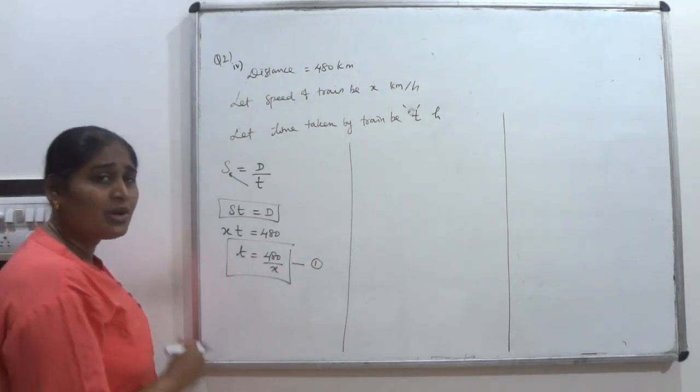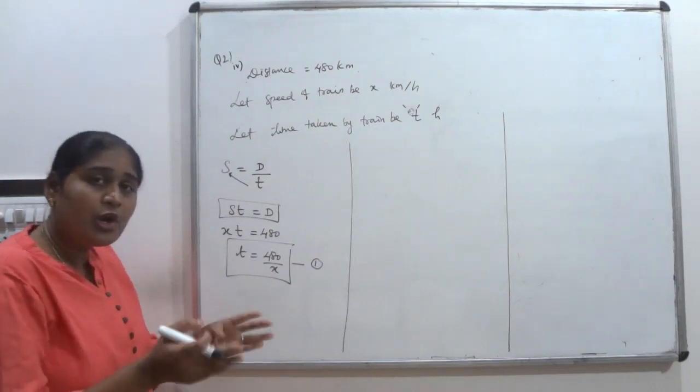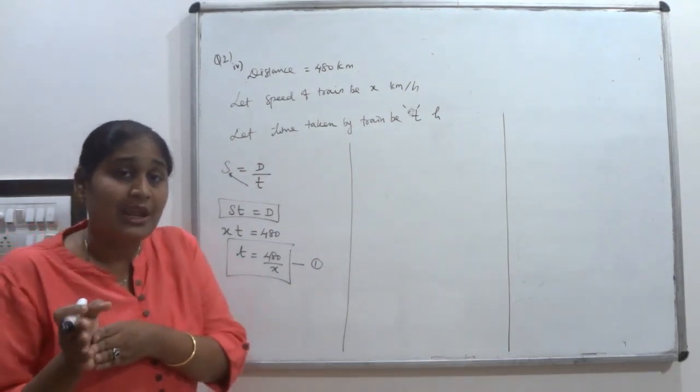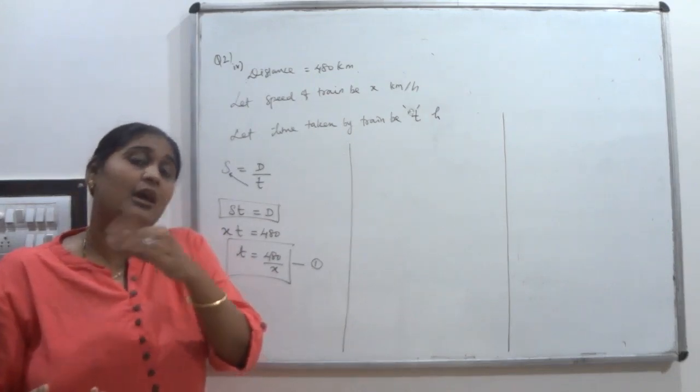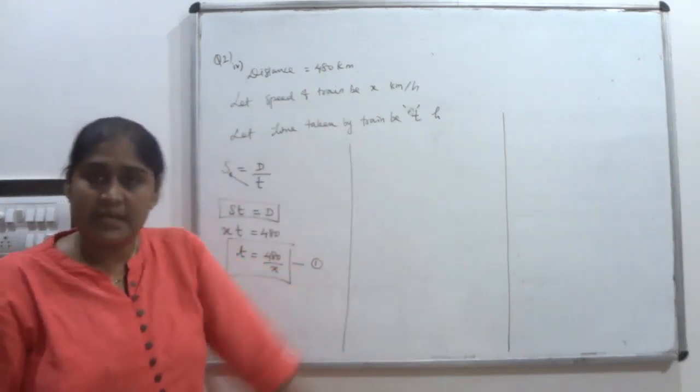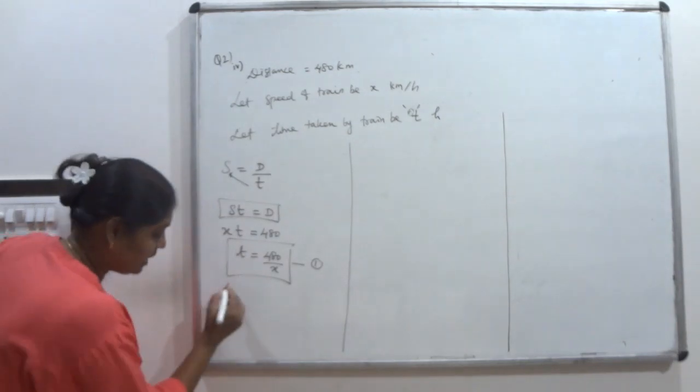Then one more condition is given to you. If you reduce the speed of the train by 8 km per hour, then it would have taken 3 hours more to cover the same distance. So you have to write it.